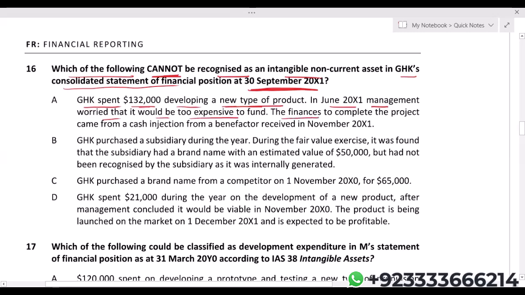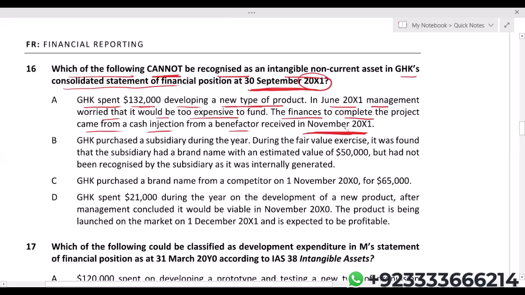The finances to complete the project came from a cash injection from a benefactor received in November X1. Now listen carefully. The question says which of the following cannot be recognized as an intangible non-current asset in GHK's consolidated statement of financial position at 30th September X1.